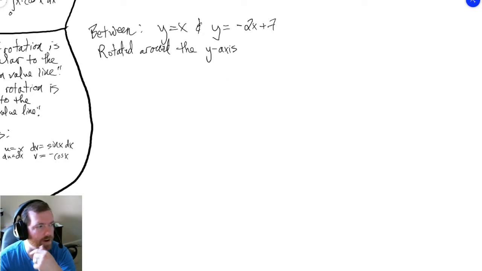So we're going to find the area that's between y equals x and y equals negative 2x plus 7. You know what? Let's change this slightly. Y equals x plus 1 and y equals negative 2x plus 7.